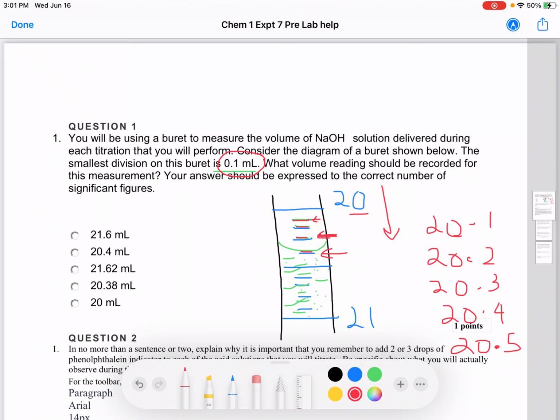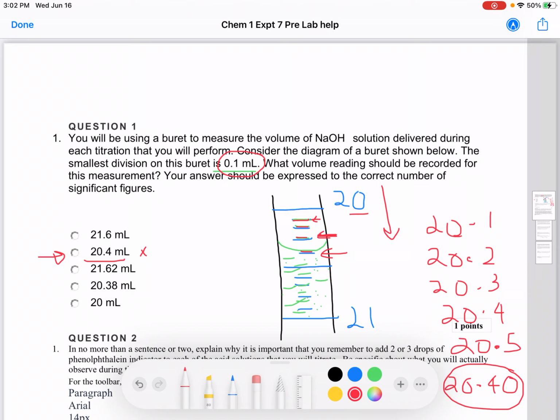If it is exactly lining up at 20.4, then the answer should be 20.40. We are not given 20.40, so that is not the correct answer.